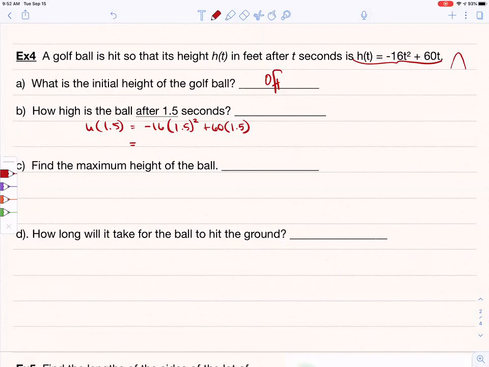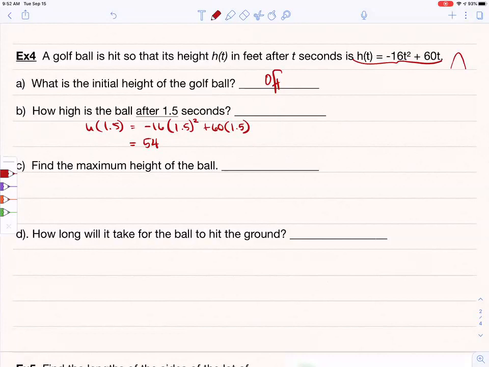No, I can't have a height that's negative. So Dylan, that's a great example of making sure that your answer makes sense before you just automatically write it down. He tells me that my golf ball's height is negative.